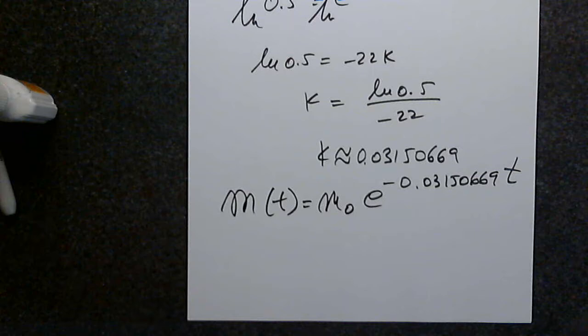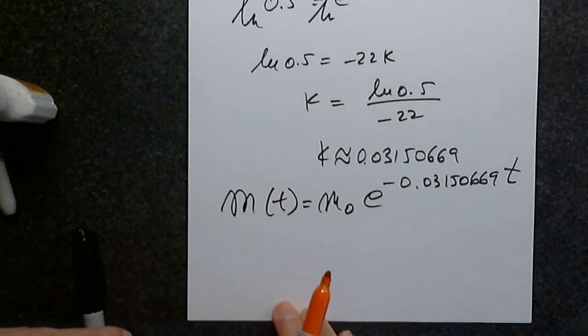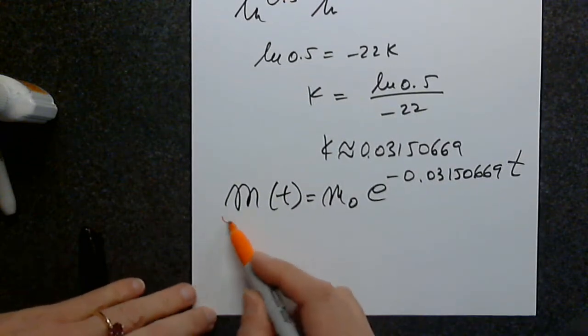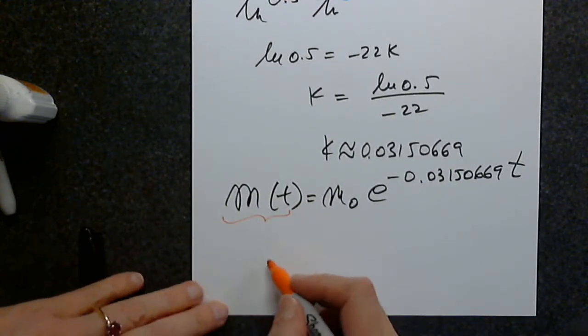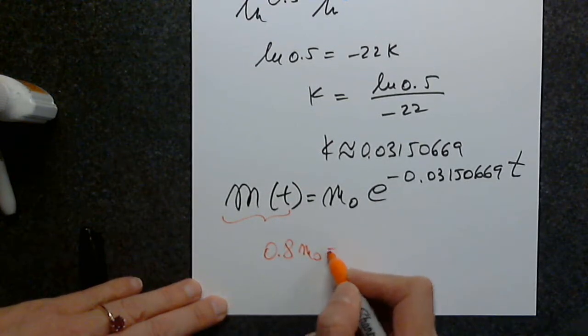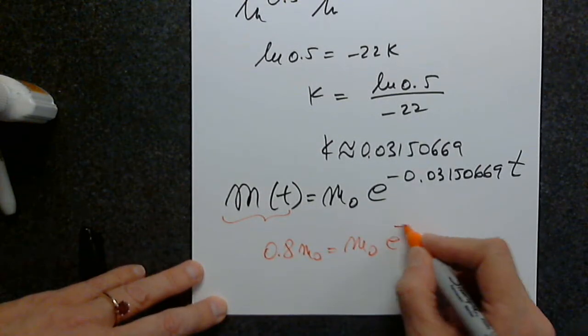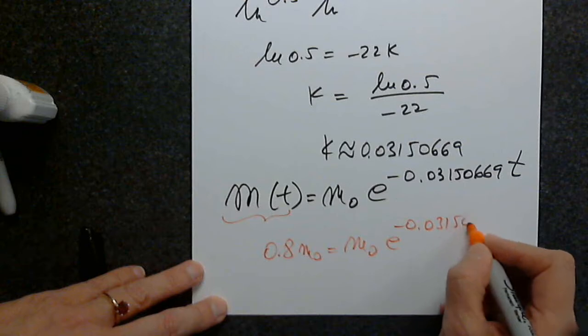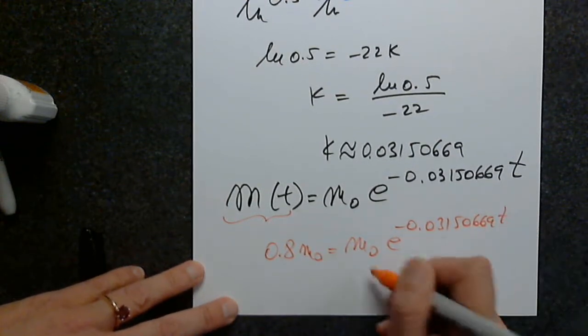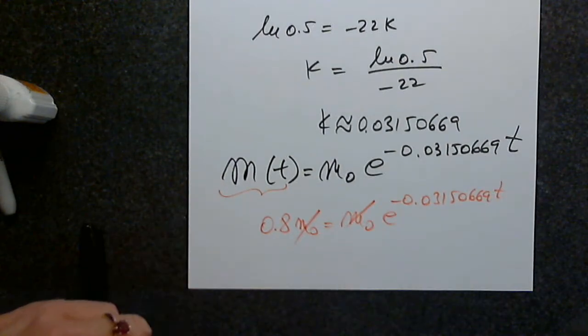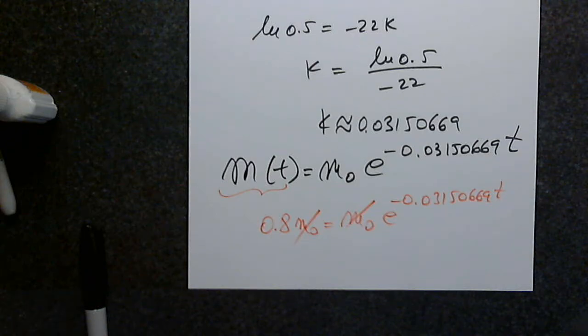So how do I write this? Yes, but I have to write the point first. 0.8 M0 equals M0 e to the negative 0.031506669 T. I get rid of M0, we don't really need it. We're not going to use it.